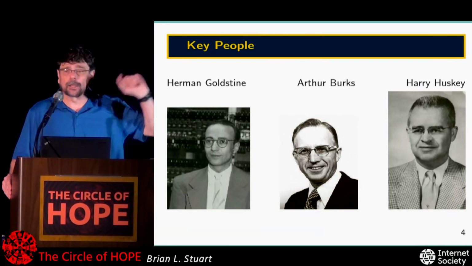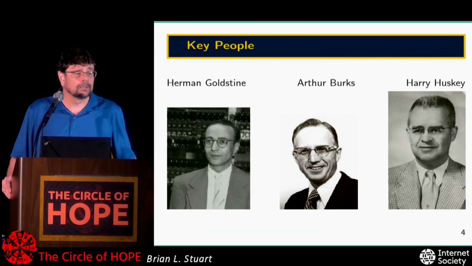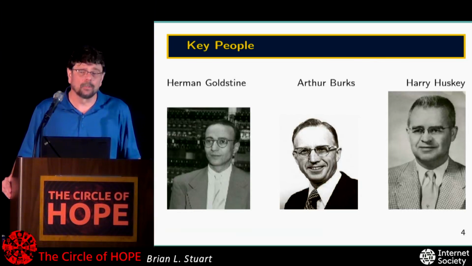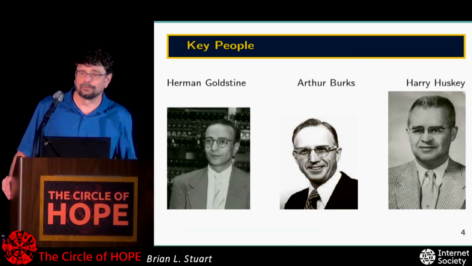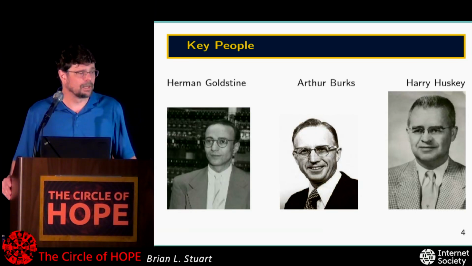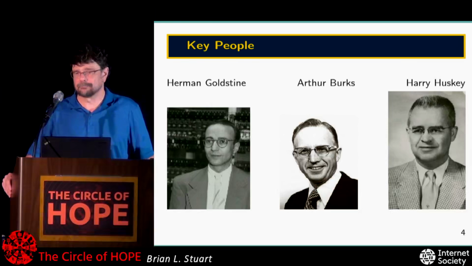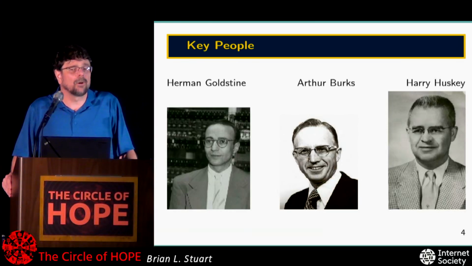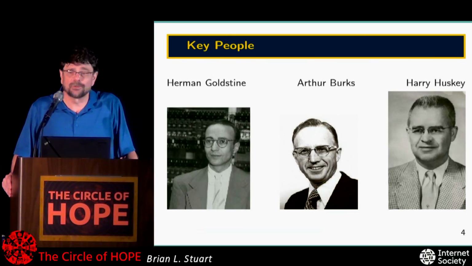Now, the guy on the right, probably most people have not heard of, yet I would say he's probably one of the most influential people from the work on the ENIAC. His name is Harry Huskey. He passed away only about a year ago at the age of 101.